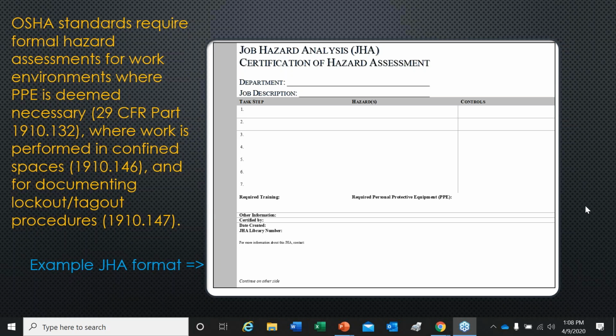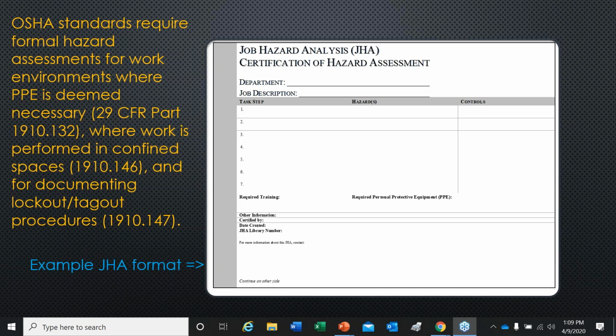When you're looking at OSHA standards, they have lots of ways of doing it, and the assessments are usually done so that you can get to the point where you know what type of PPE you will need. I put CFR citations in, 29 CFR Part 1910.132. There are a few of you out there that know those probably just like you would the Bible, but I'm just going to highlight those where it's performed in a confined space or other locations like lockout tagout, you need to have these done.